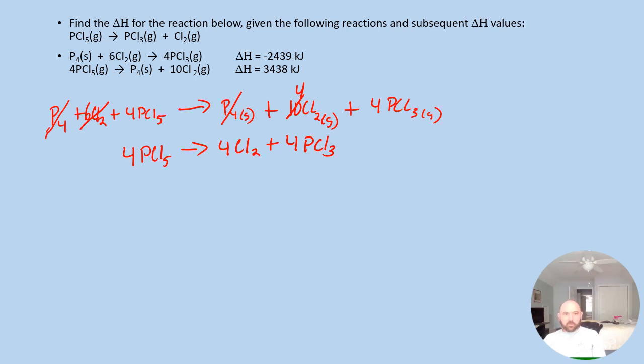So if you add 2439 kilojoules plus 3438 kilojoules, that is 999 kilojoules total for the reaction we have now represented.